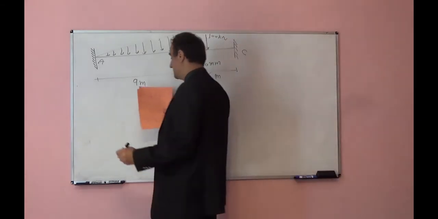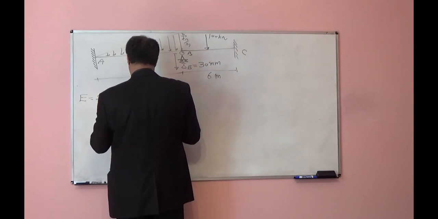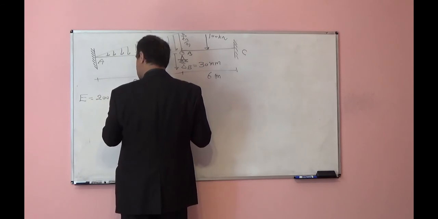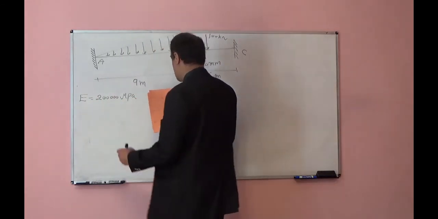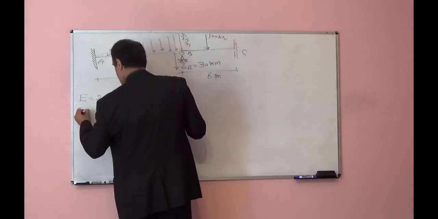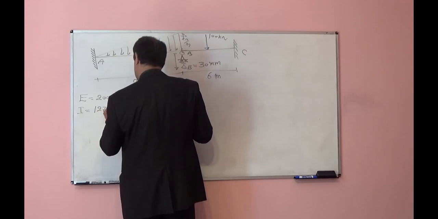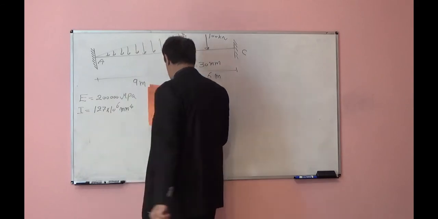E, Young's modulus for this beam, is 200,000 megapascal. It means 200 gigapascal. I for this beam is 127 times 10 to the power of 6 millimeter to the power of 4.